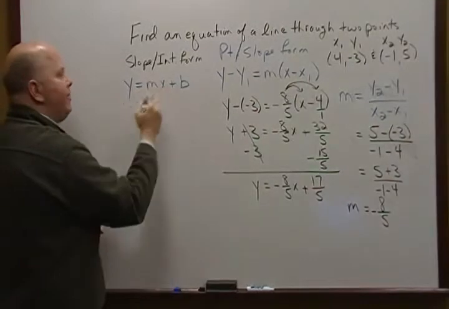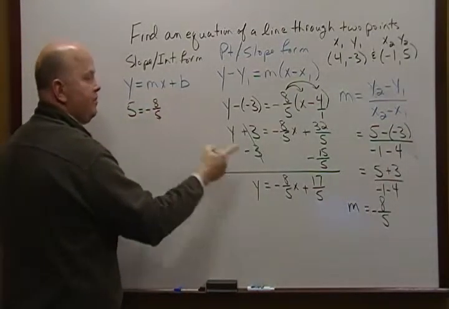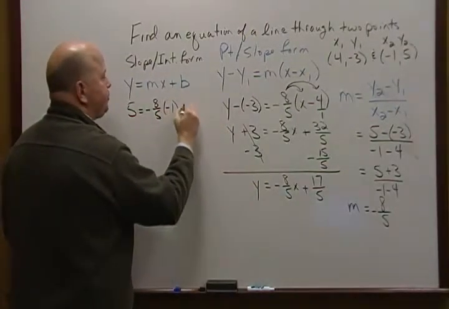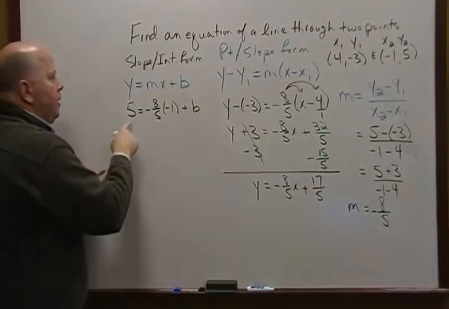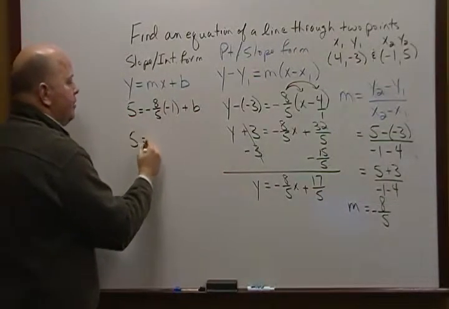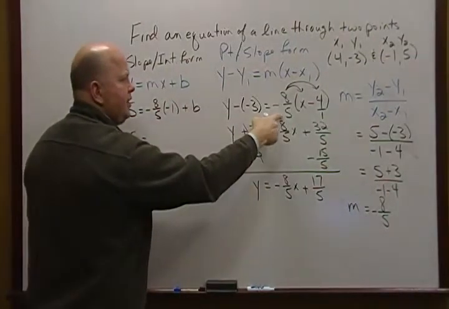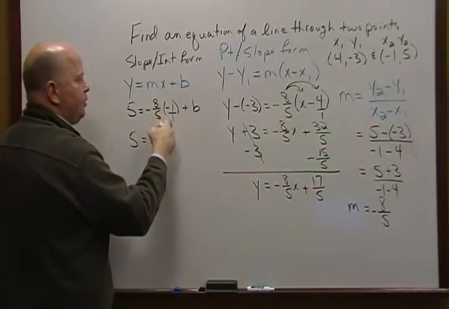So here we have y of 5. Our slope is negative 8/5 as we found earlier. Our x is negative 1. And then, as I mentioned, we're looking for b. We have 5 here. When we multiply fractions, as we mentioned in this example, we multiply the numerators and we multiply the denominators.